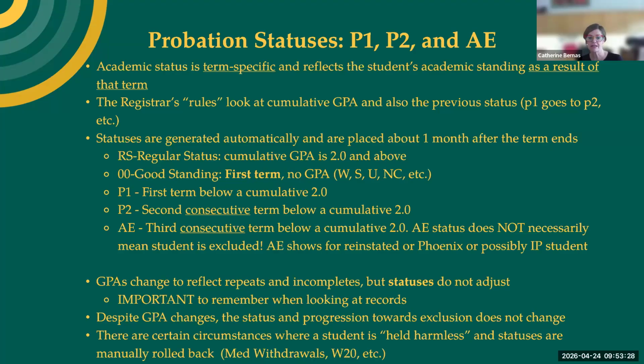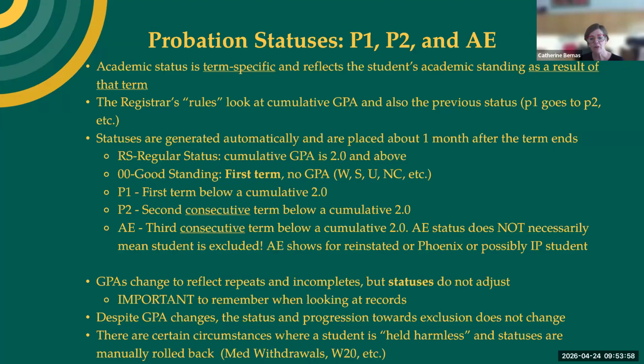That is a very particular status that gets placed generally in the student's first term when there is no real GPA. So the student isn't on probation, but all of their grades or marks are W's or an S or a U or an NC. There's no real grade to calculate a GPA, so the system places a good standing status.